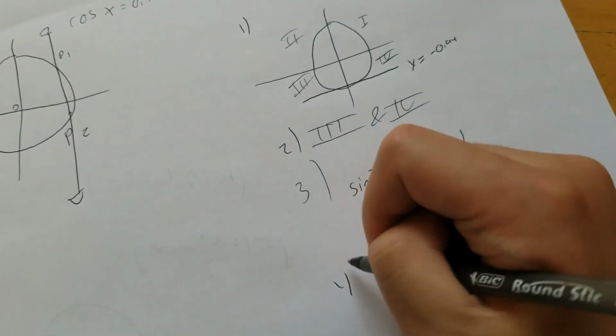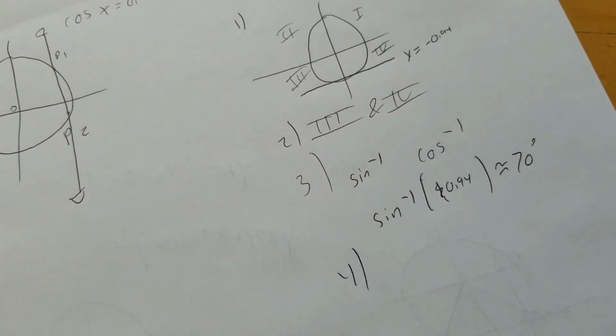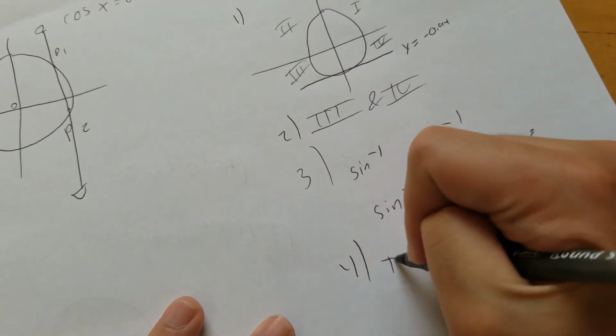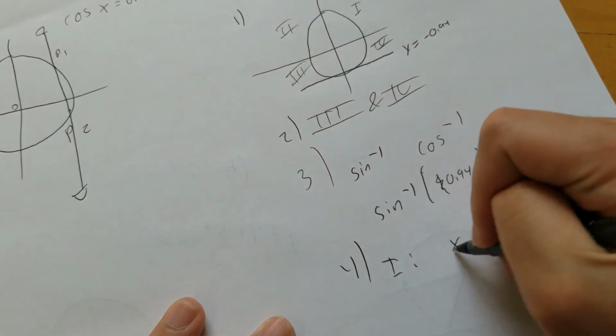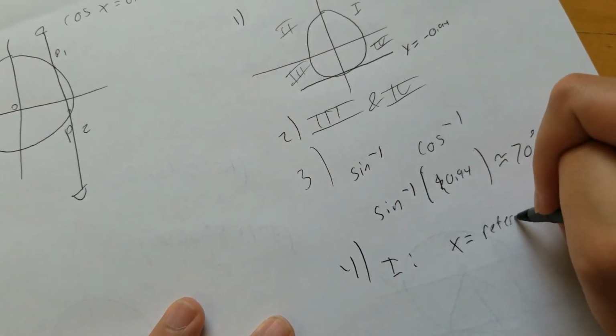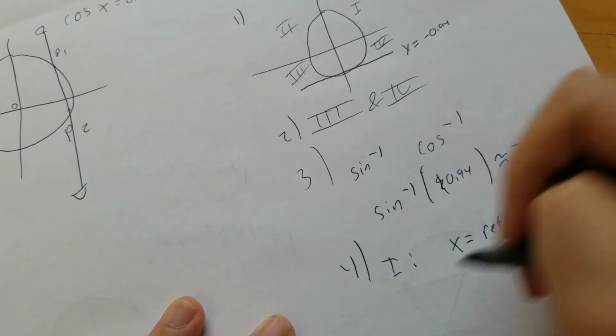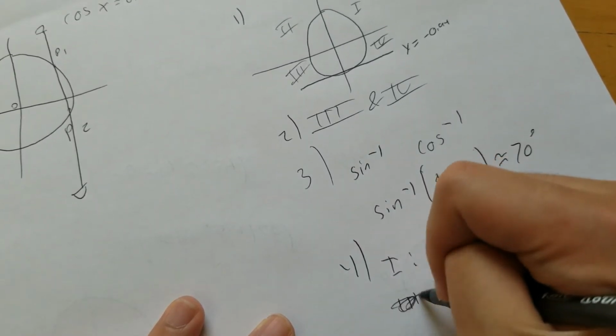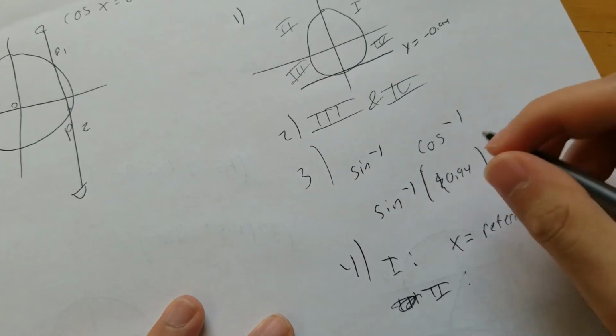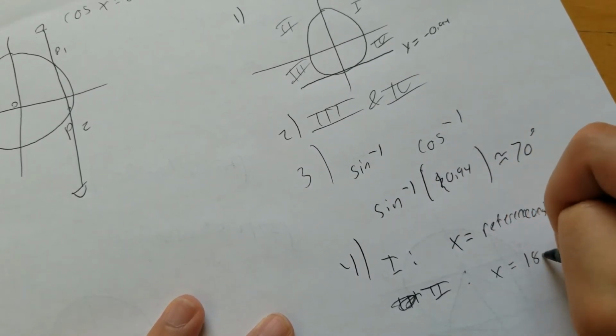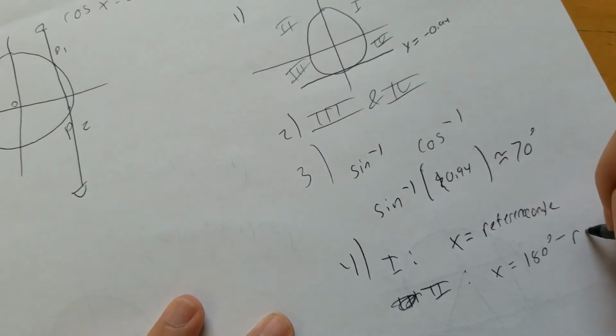And step 4, depending on which quadrants the intersection points are in, use the following formulas. Quadrant 1, the solution is x equals just the reference angle. Quadrant 2, it's x equals 180 degrees minus the reference angle. I'll just name it RA.